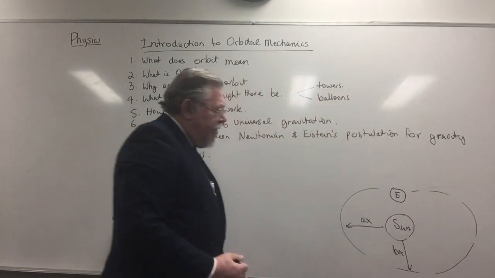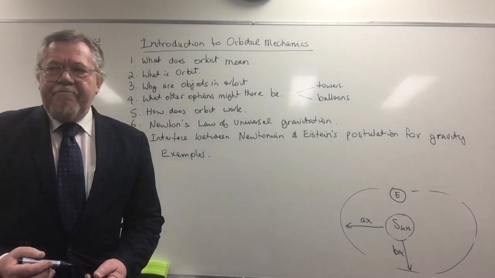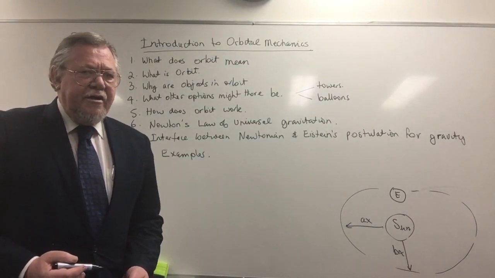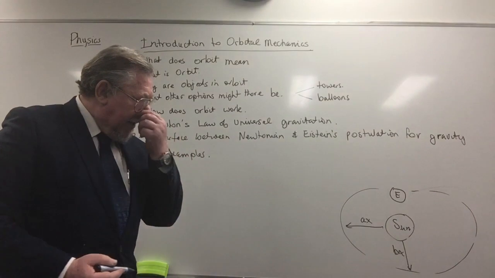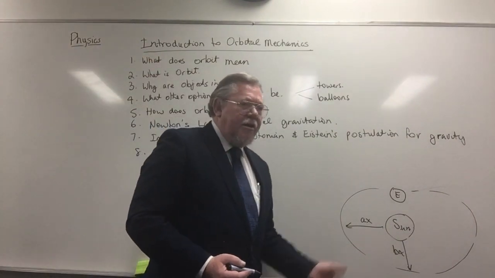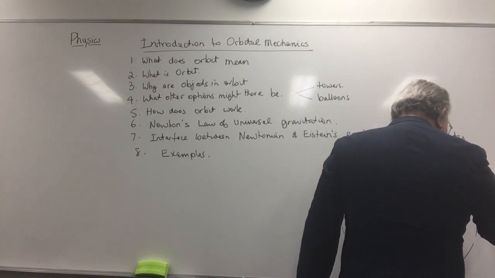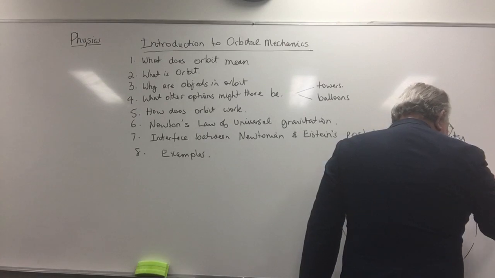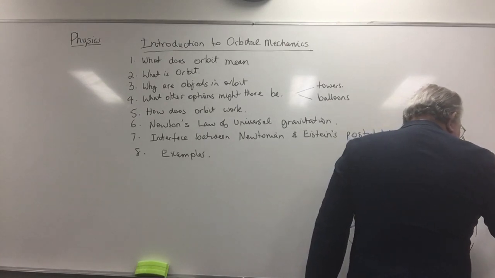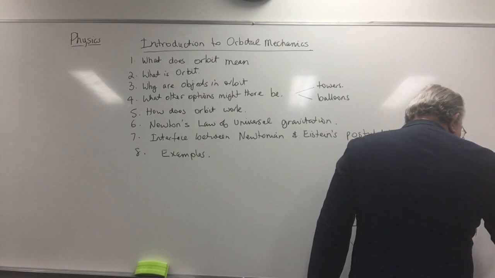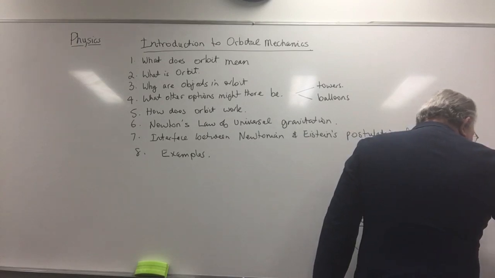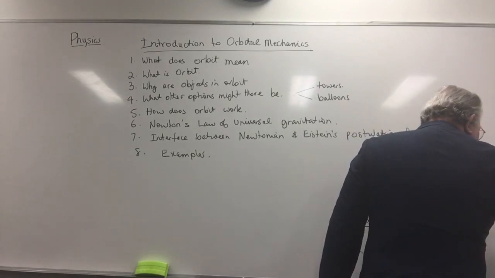There is a relationship between them, and the relationship for an elliptical orbit is x squared over a squared plus y squared over b squared equals 1.